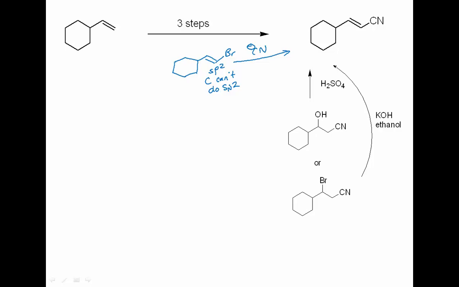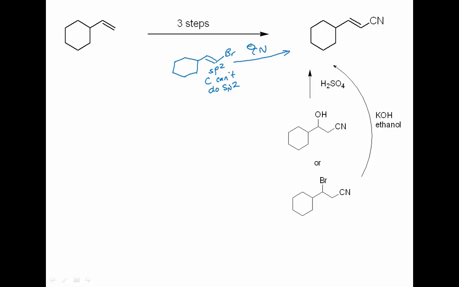Okay, we can take either this halide and eliminate it with KOH and ethanol. Since it's a secondary halide, it's probably going to prefer the elimination with a strong base. We could also do the elimination with sulfuric acid, okay?